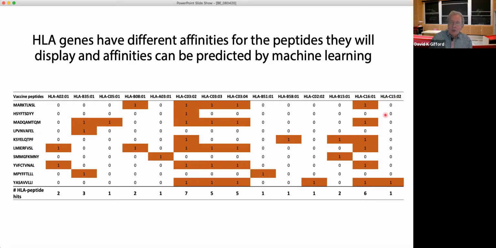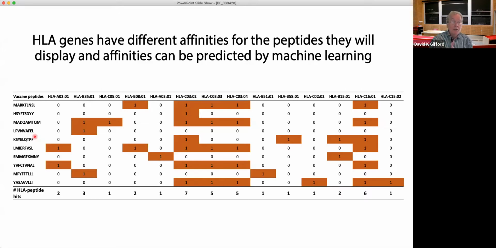So given these predictions, we can parse the viral proteome into discrete peptides and then make predictions about what's going to be presented at a particular affinity threshold. Here, the threshold we're using is 50 nanomolar or better binding.